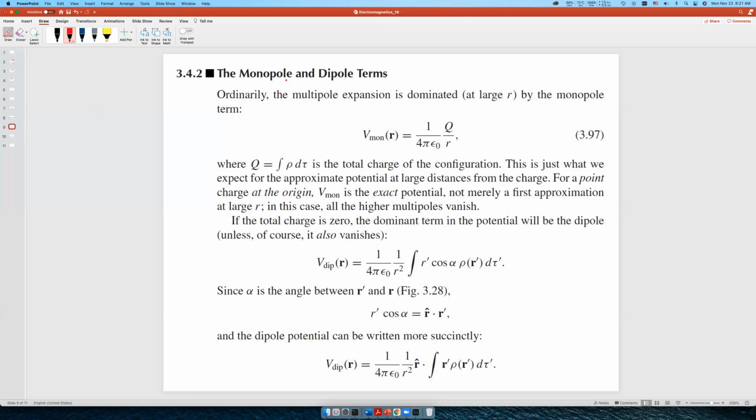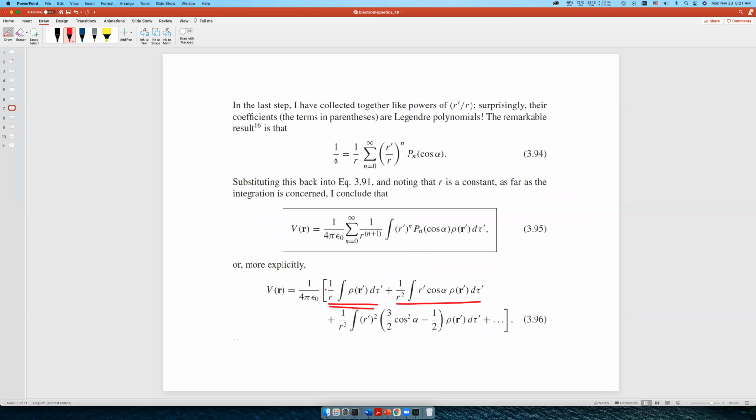Okay, so ordinarily the multipole expansion is dominated by the monopole term. If you look at this equation, you see the second term, the dipole term, goes as 1 over r squared, so it vanishes fast. And for the higher order, let's say quadrupole, it vanishes by 1 over r cubed.